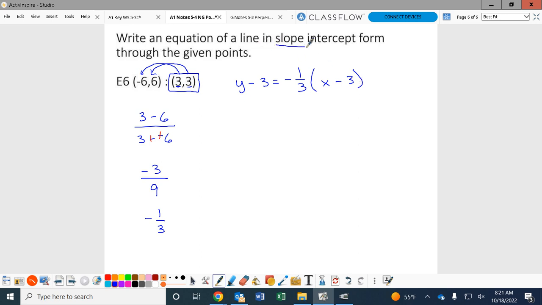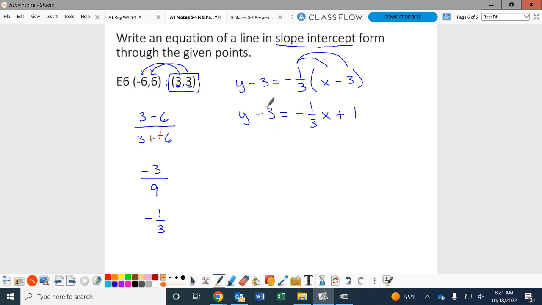You need to solve it because it asks for slope-intercept form, so we're going to multiply across. It's going to make it y minus 3 equals negative 1/3 x. And then negative times the negative is going to make this a positive, and negative 1/3 times negative 3 on your calculator is going to make it 1.